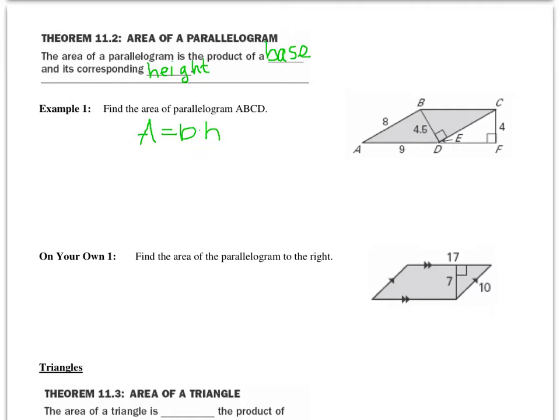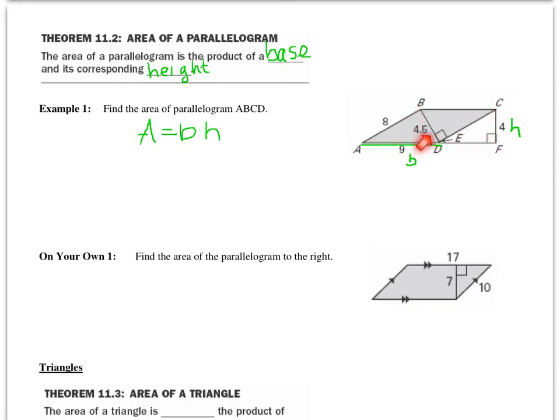And there's really 2 options here for this one. So what we could do is, first of all, we could think of this as our base, and then the height would actually be this 4 over here, because even though this height isn't touching this base, it's still parallel to this base.